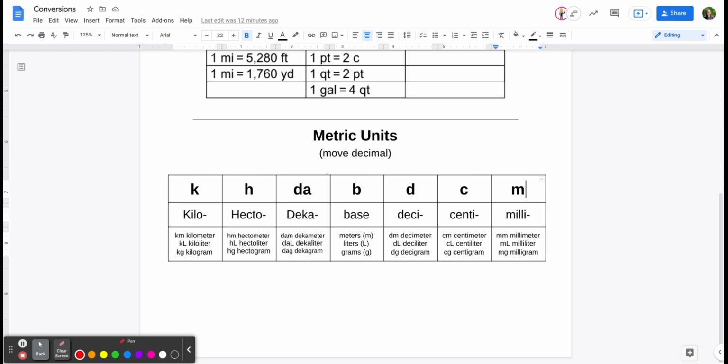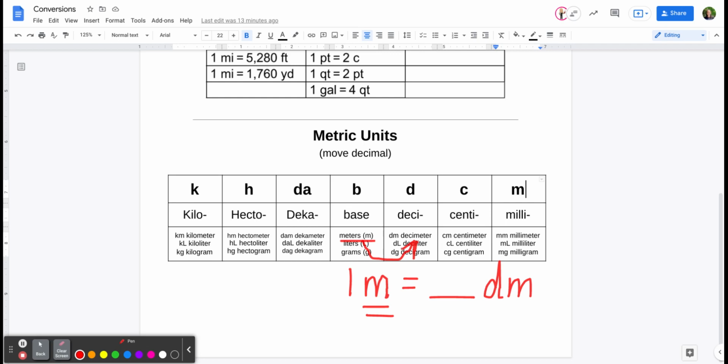So if I said to you, we are going to convert from 1 meter to some amount of decimeters. Well, I'm going to look at my table here. And if I'm starting at meters, well, meters is one of my base words. And I'm moving to decimeter. I look at my chart here, and I'm moving once to the right.